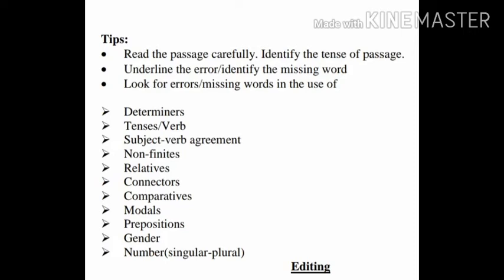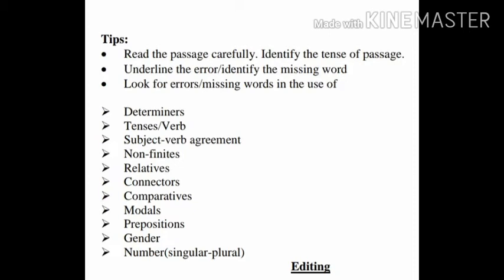Okay. And what would be the errors in the passage? See, it can be in the way of determiners. It can be in the ways of tenses or verbs. It can be in the way of subject-verb agreement, non-finites, relatives, connectors, comparatives, modals, prepositions, gender or singular plural. These can be the mistakes in the passage.